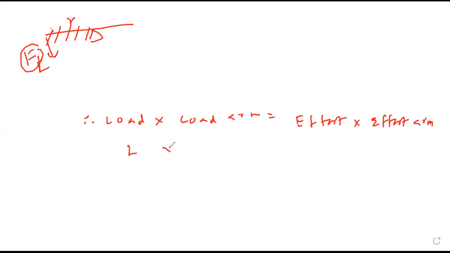So L into FB equals E into FA. So load upon effort is FA upon FB.